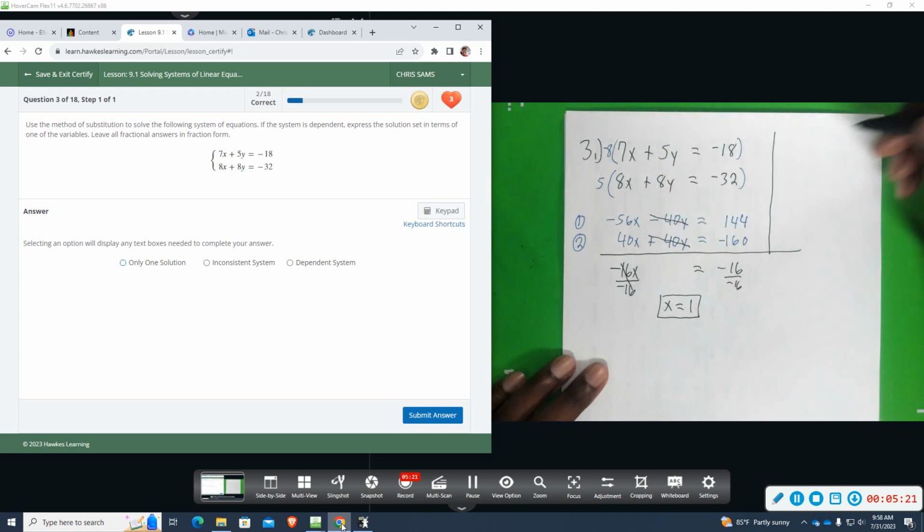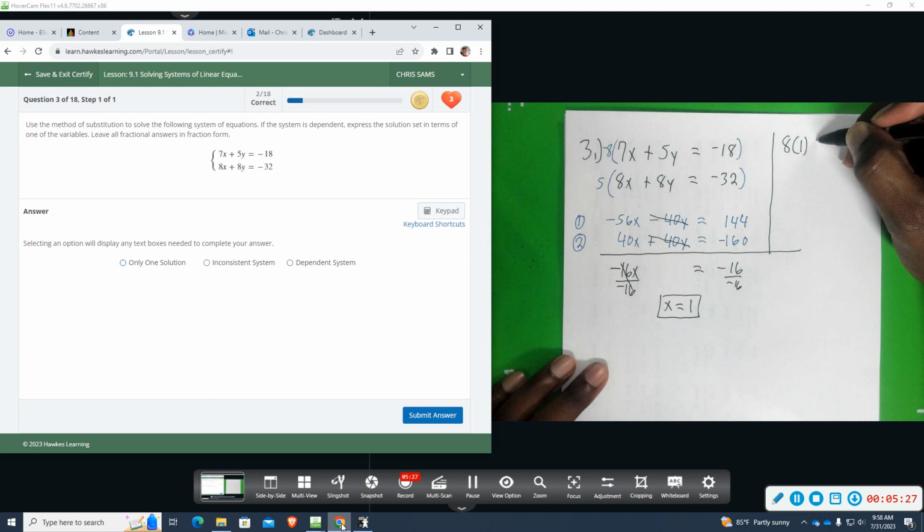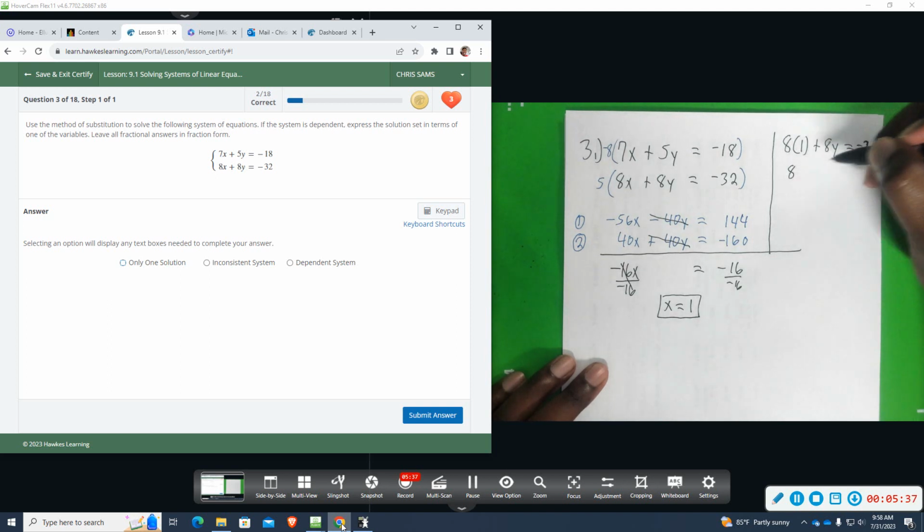So I'm going to take the first equation, 8x. Instead of x, I'm going to put a 1. 8 times 1 plus 8y equals negative 32. So 8 times 1 is 8, plus 8y equals negative 32.